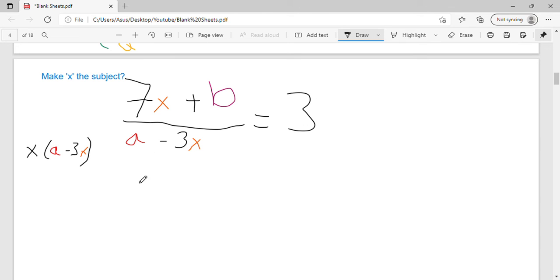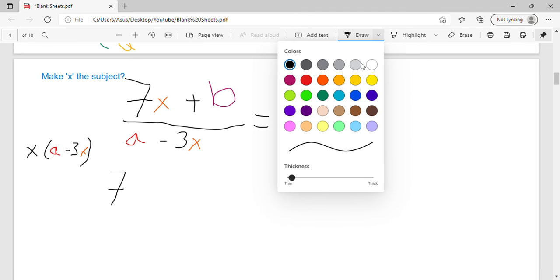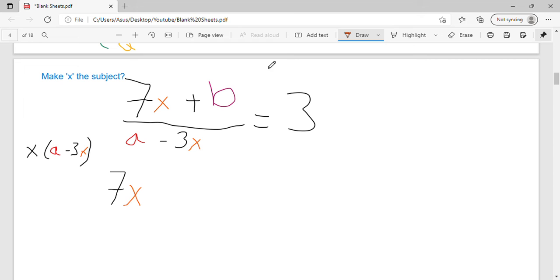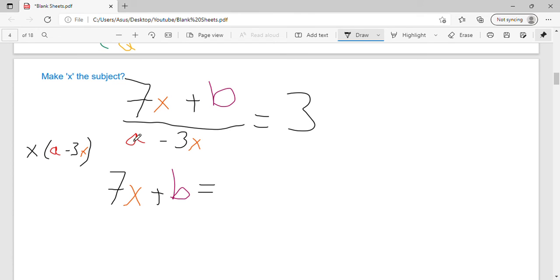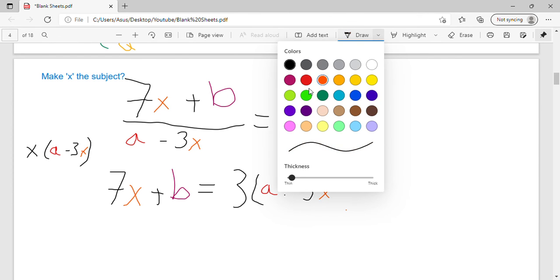So on the left hand side we're going to have 7x plus b equals, so the 3 is going to go over here, 3 multiplied by the a minus 3x, so we'll just do it like this, 3, and then brackets, a minus 3x.